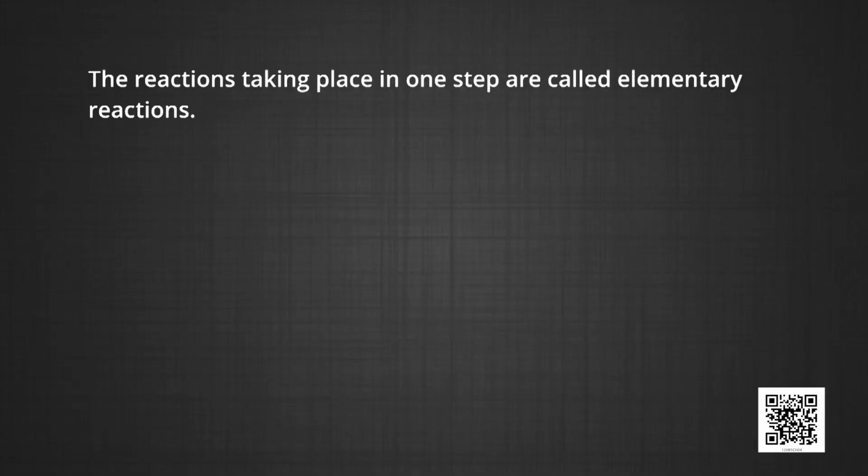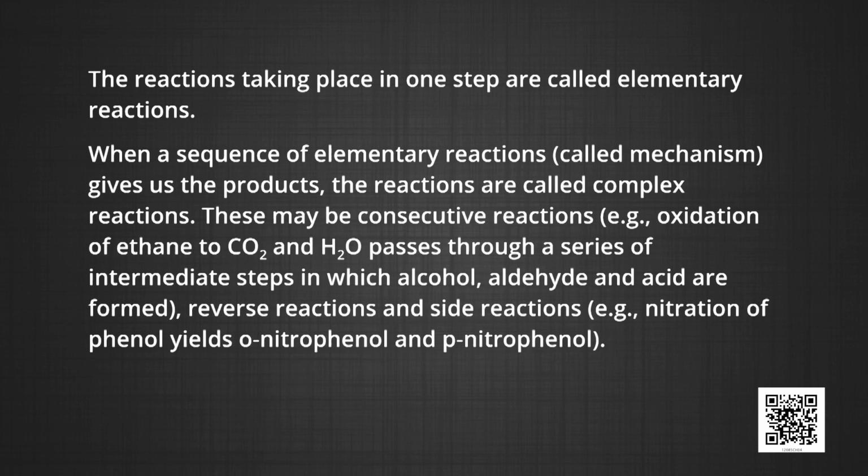A balanced chemical equation never gives us a true picture of how a reaction takes place, since rarely a reaction gets completed in one step. The reactions taking place in one step are called elementary reactions. When a sequence of elementary reactions, called mechanism, gives us the products, the reactions are called complex reactions.